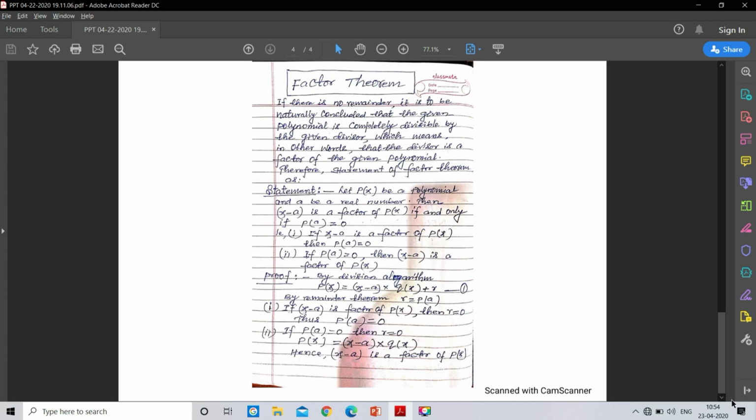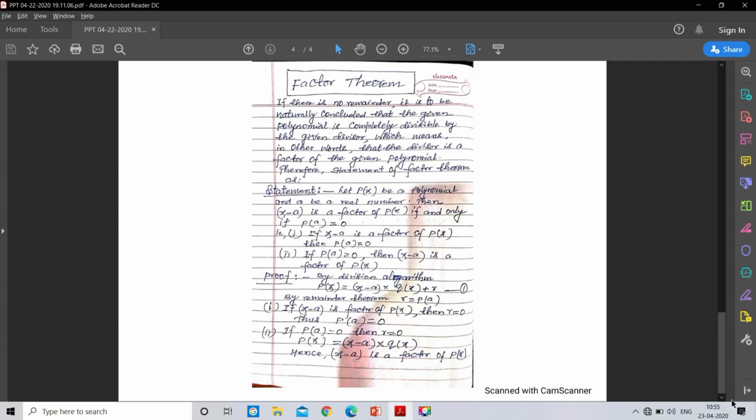Therefore, the statement of the factor theorem is like this. Statement: let p(x) be a polynomial and a be a real number, then x minus a is a factor of p(x) if and only if p(a) is equal to 0.